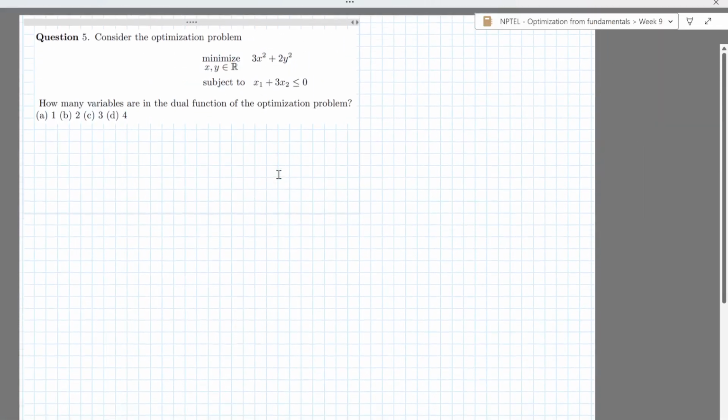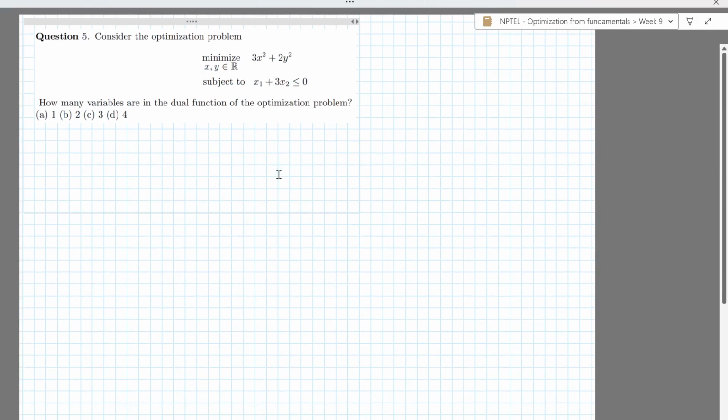Okay. Let's look at this question. How many variables are in the dual function of the optimization problem? So let's try to look at the dual.